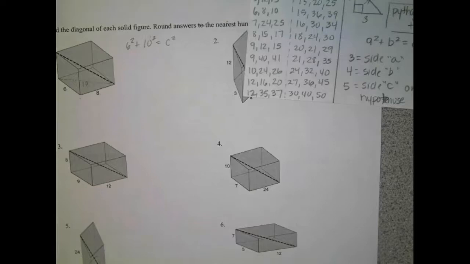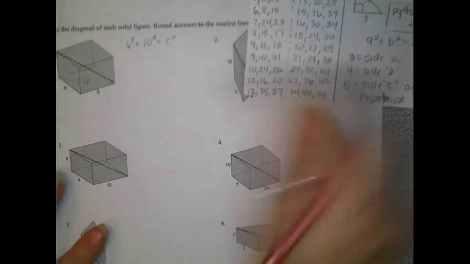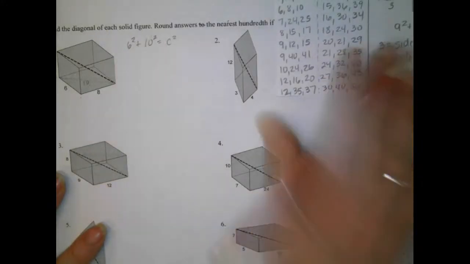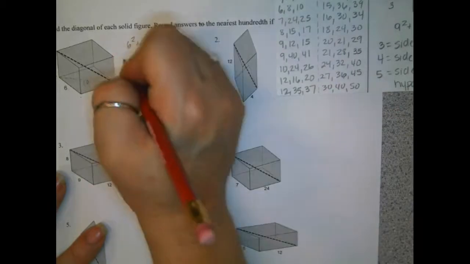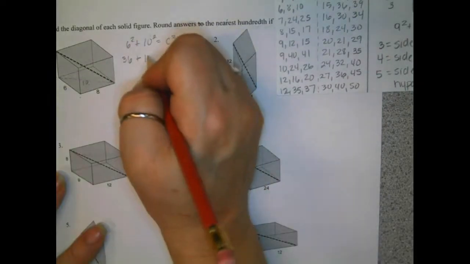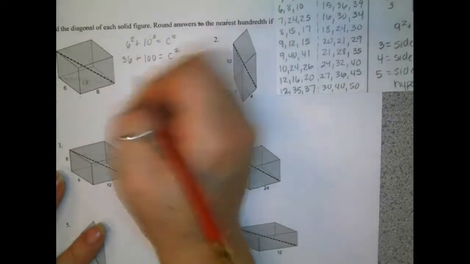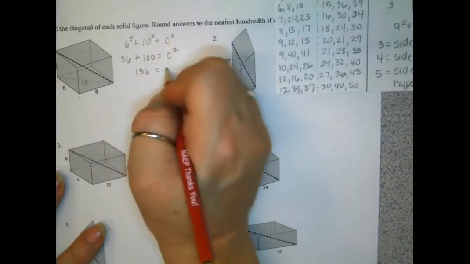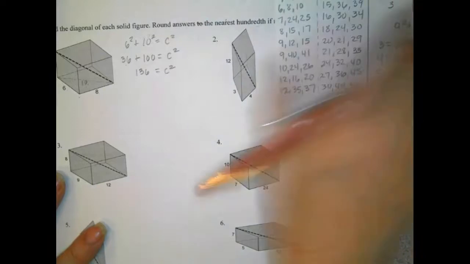Absolutely, right? This is what we've been doing all week. So what is 6 squared? It's on your note card. What's 6 squared? What is it? 36. What is 10 squared? I gave you the answer. Equals C squared. Add them together. What do I get? So then I'm going to look on my list here.